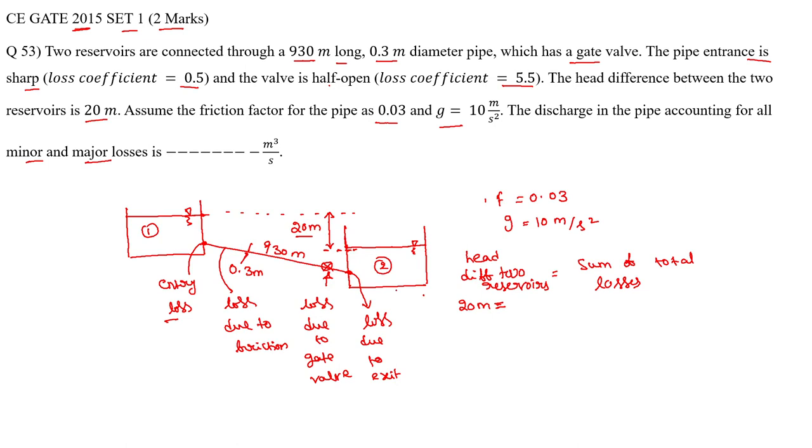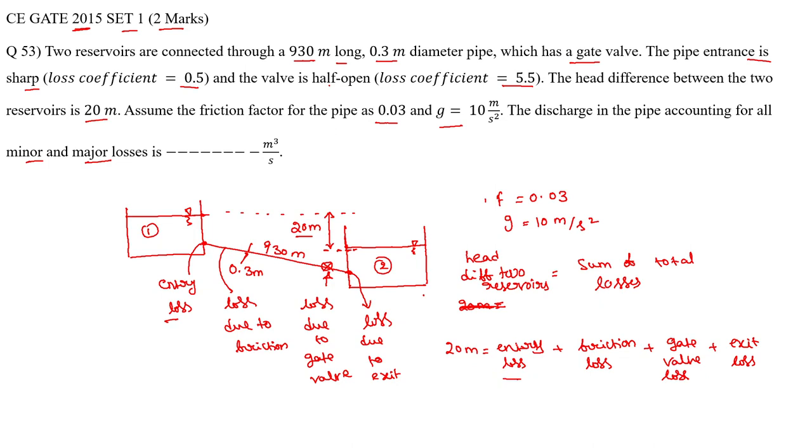So 20 meters equals entry loss plus friction loss plus gate valve loss plus exit loss. These are the total losses.